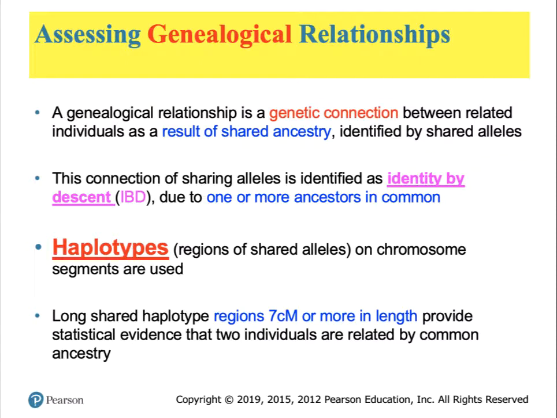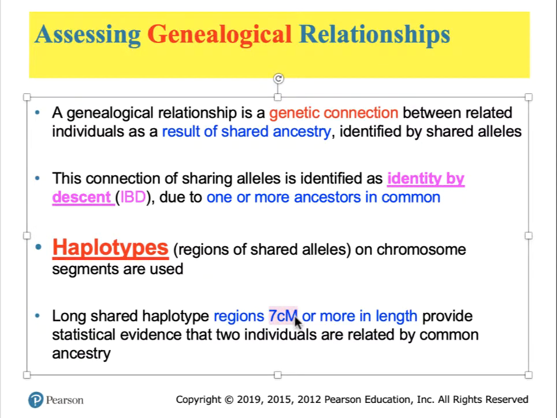Occasionally, crossing over will tend to disrupt some of them, but those can be then identified. The regions that are studied for haplotype analysis normally are greater than 7 centimorgans. Mathematicians have told us that anything shorter than this will not be statistically appropriate to establish identity between individuals.